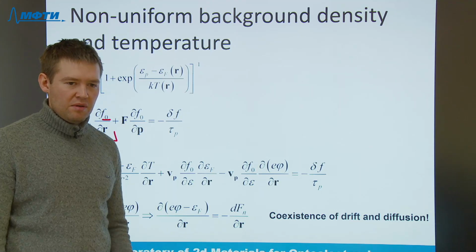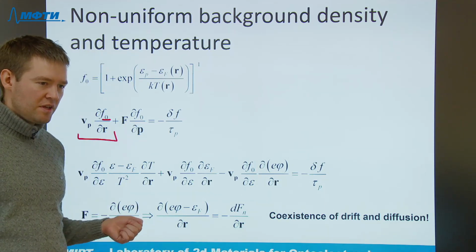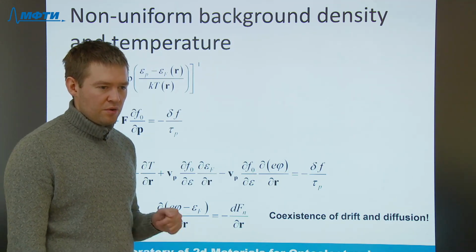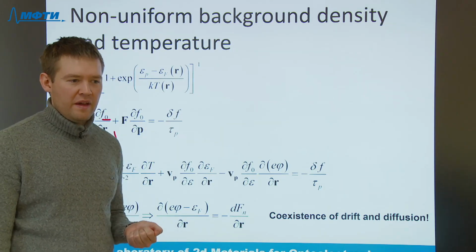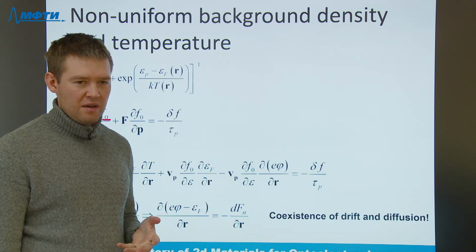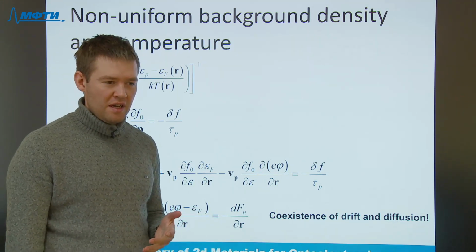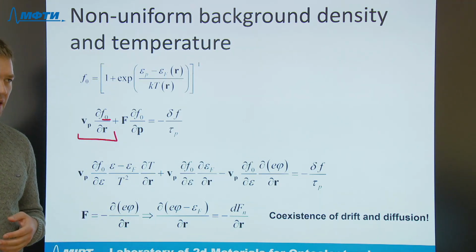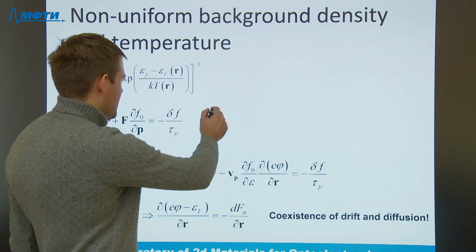What you do this way, you automatically include diffusion into your consideration. If you know the conductivity, you automatically know the diffusivity. If you know the mobility, you automatically know the diffusion coefficient. It is actually Einstein's rule for diffusion and mobility.